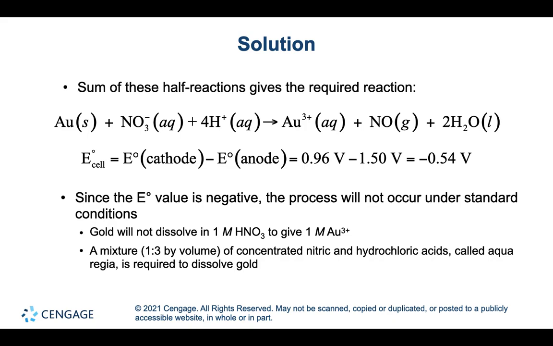Since it's capable of dissolving gold, that mixture of nitric and hydrochloric acid has been given the name aqua regia, which in Latin means royal water. This is a solution capable of dissolving gold, royal water.